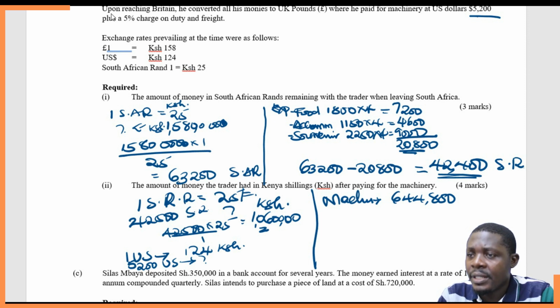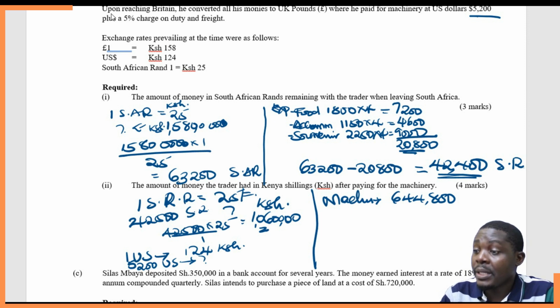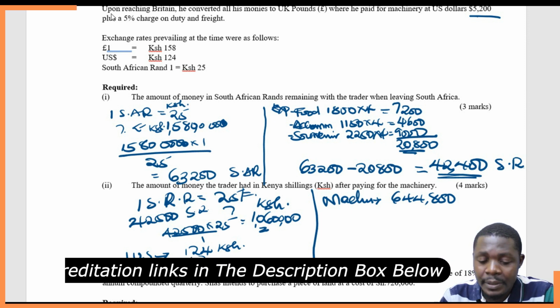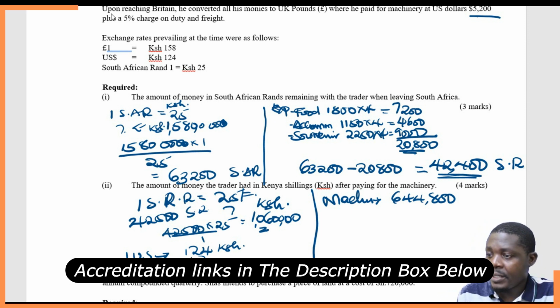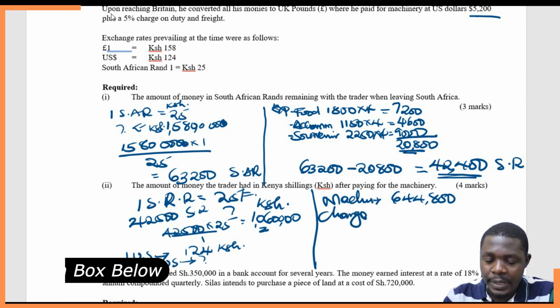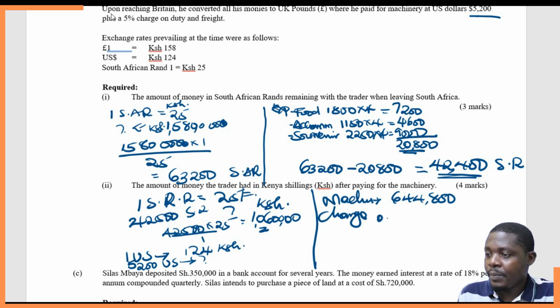Then we are told that plus a charge of what? On duty and freight. Now the charge will be on this particular machine he bought in UK, and we are taking 5% of that particular amount. Now in this case we have the charge, which is 5%, 0.05, multiplied by 644,800.